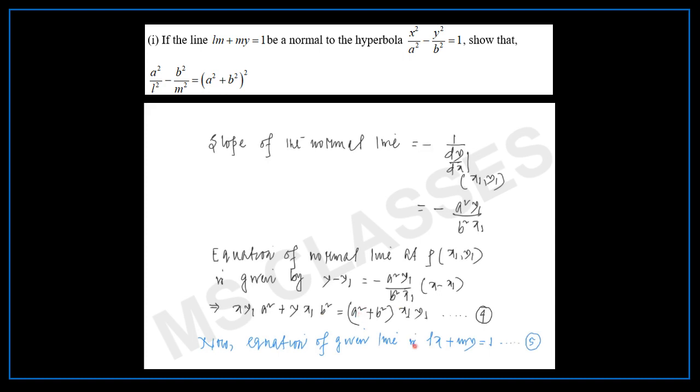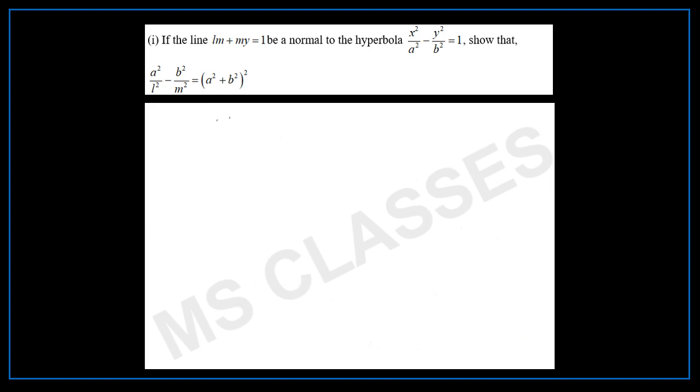So on comparing equation 4 and 5, we get y1 a square by l equal to x1 b square by m equal to a square plus b square into x1 y1 by 1.